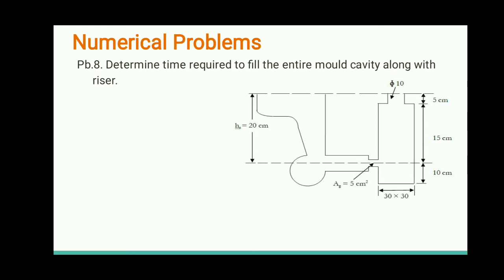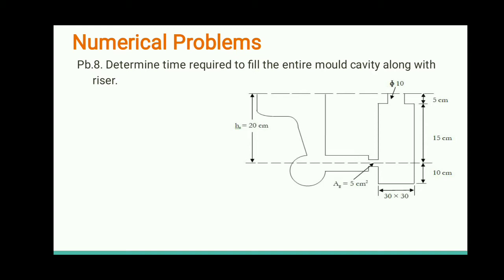So in this problem we have to find the time required to fill this entire mold cavity along with the riser. The concept we have to use is the parting gate.